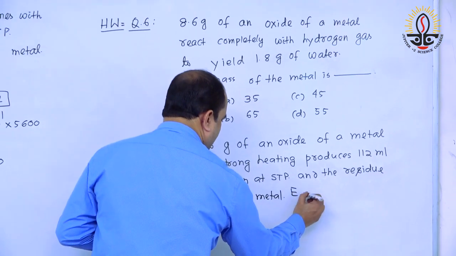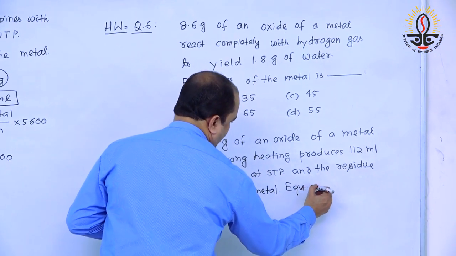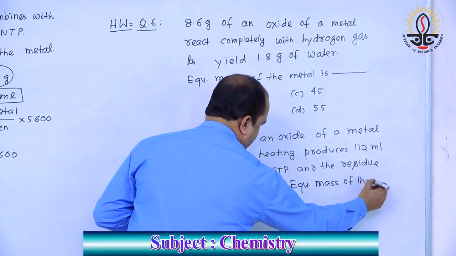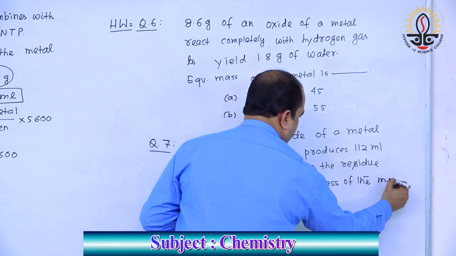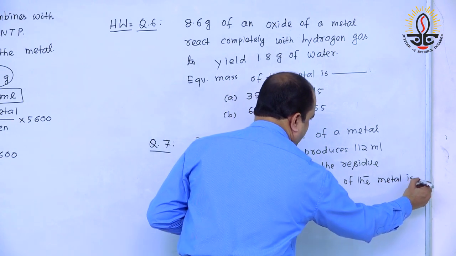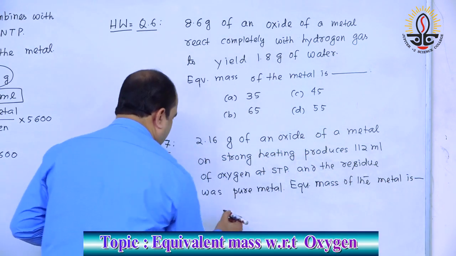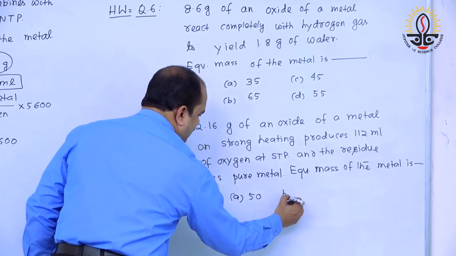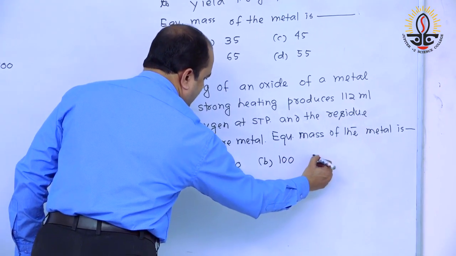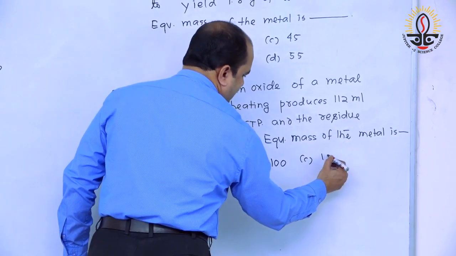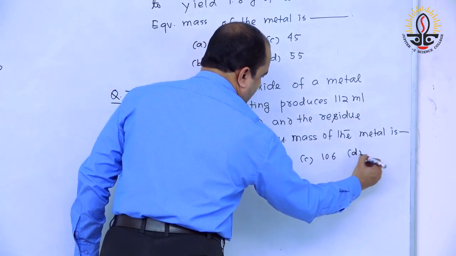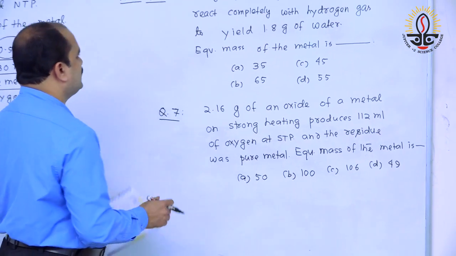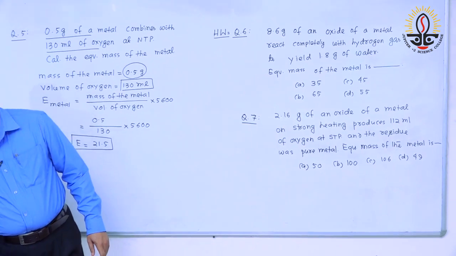Equivalent mass of the metal is dash. It is also multiple choice. Options are A 50, B 100, C 106, D 49. So 2 multiple choice questions are given to you as homework.